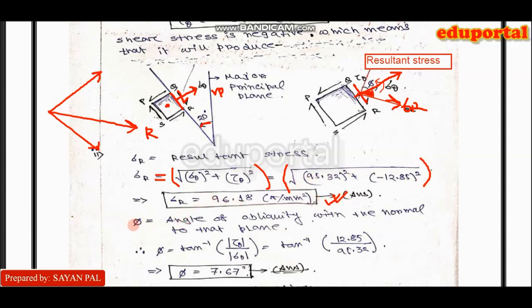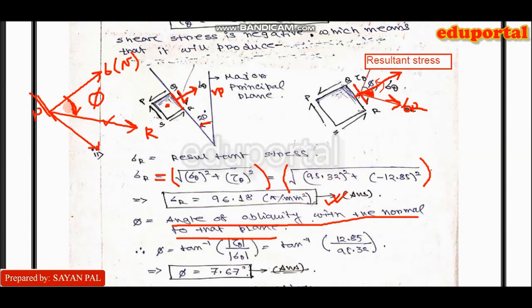Now phi is the angle of obliquity, that is the angle that the resultant stress makes with the normal of the plane. This is the plane, this is the normal, and this is the resultant.